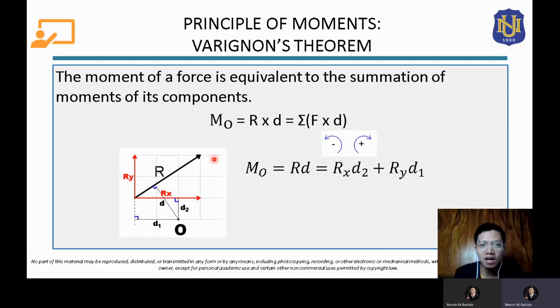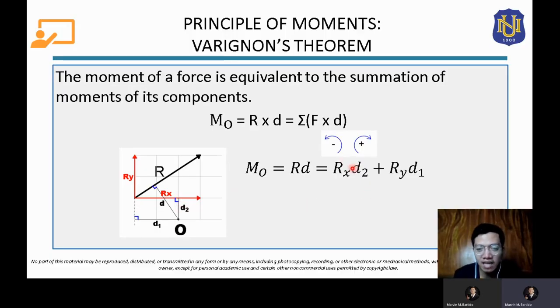So again, Varignon's theorem states that the moment of a force, so this force R, its moment is RD. It is also equivalent to the summation of the moments of its components. The moment of component Rx will be Rx times d sub 2.